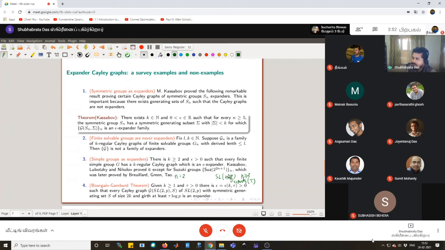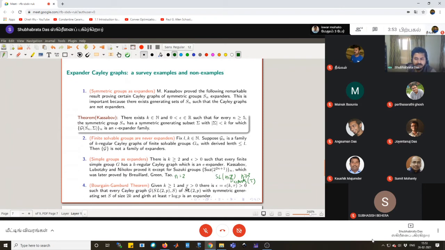We didn't prove it, but we mentioned that there is enough expansion, that the spectral gap is bounded below. So that essentially proved that the quotients by congruence subgroups in SL_2(Z) form an expander family.